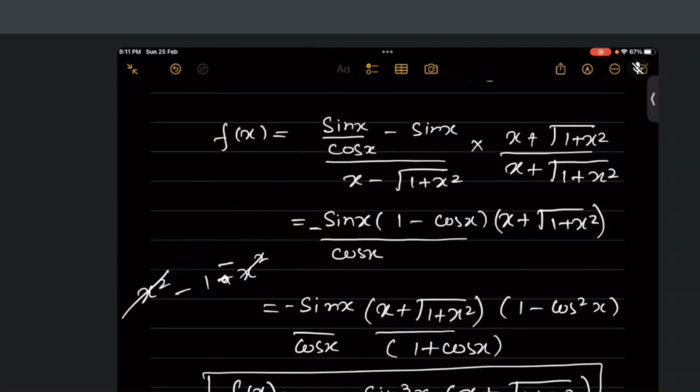Take a minute to copy it, then we will move further. Should we move ahead? Okay.